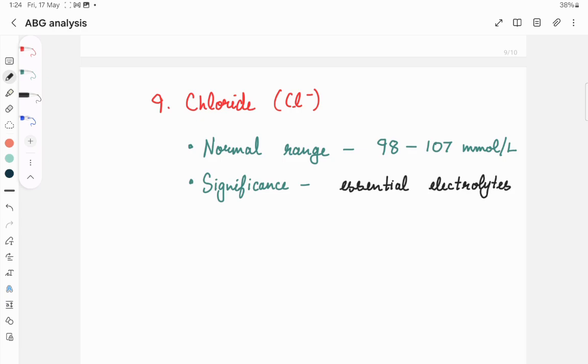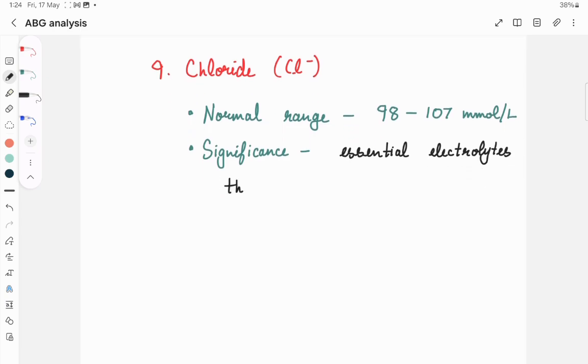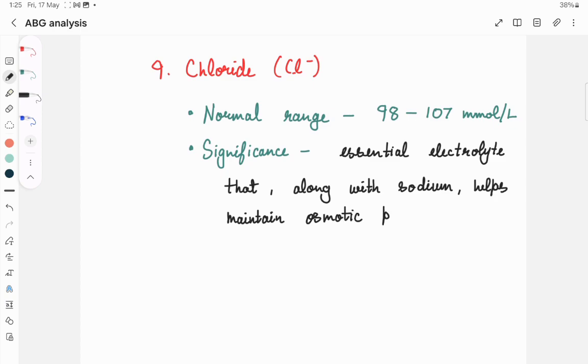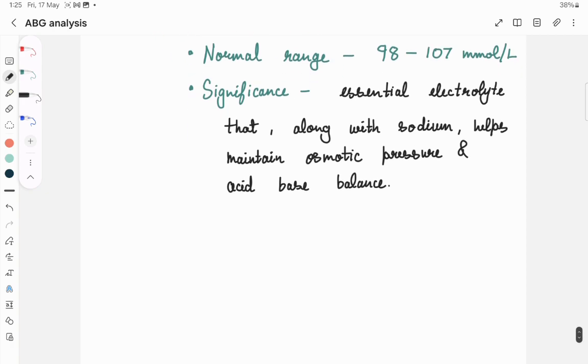Basically it's an essential electrolyte and it helps maintain osmotic pressure and of course the acid base balance.